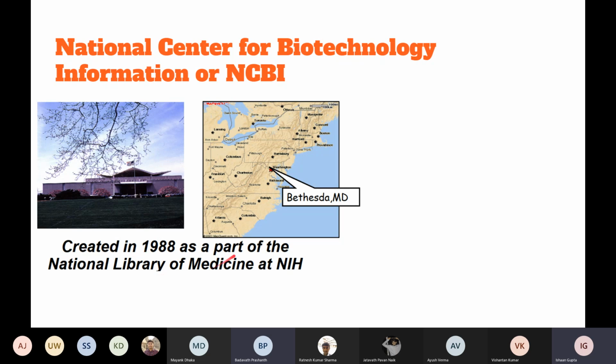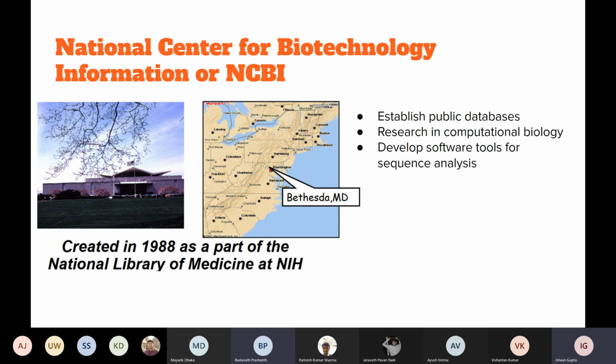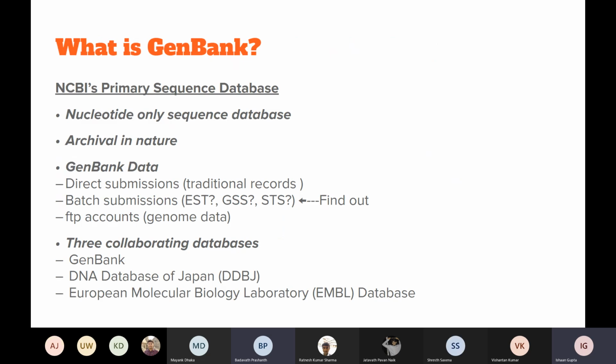It's a part of the National Library of Medicine, at the National Institutes of Health, which is basically the central governing body in the US. Its job is to establish public databases, do research on computational biology, develop software, and disseminate information around all these tools that they have developed.